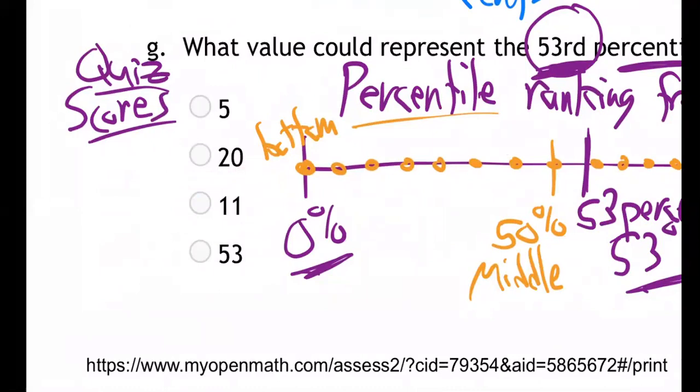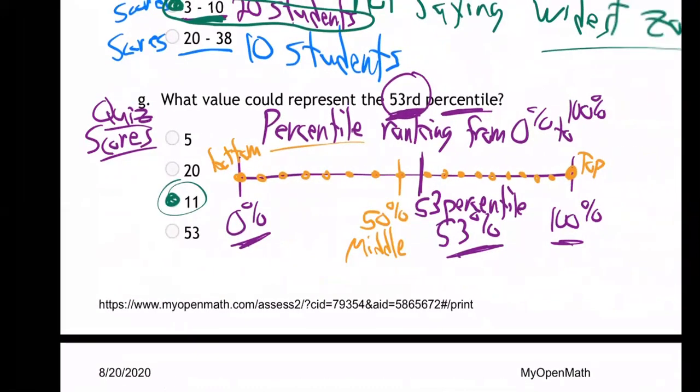There it is. Got to be 11, right? That's the only one that could be the 53rd percentile, because 53rd percentile is just above the middle. It's just above 50%. And so a quiz score of 11 is just barely better than the middle. So there it is.